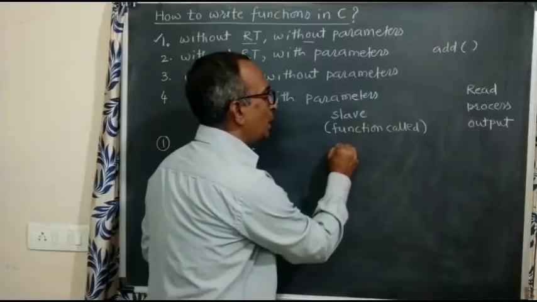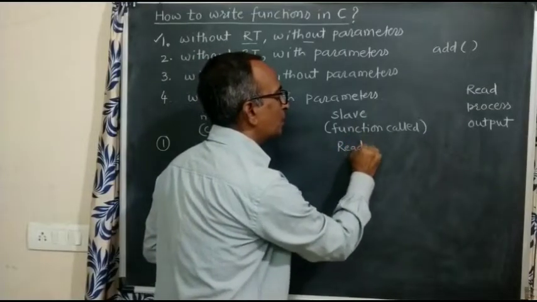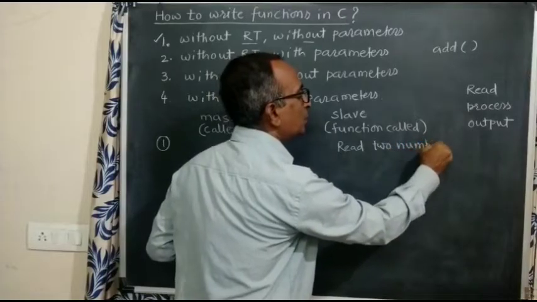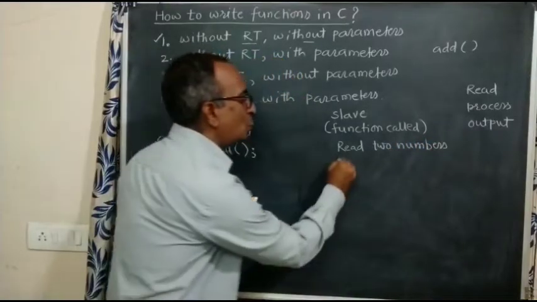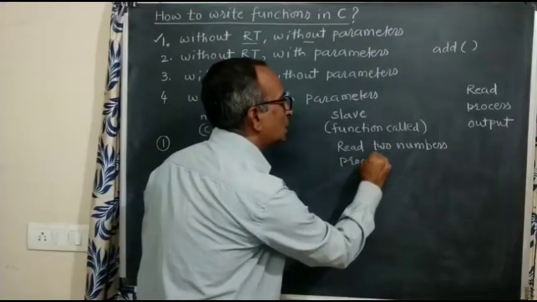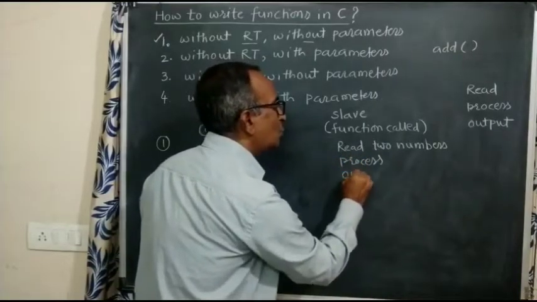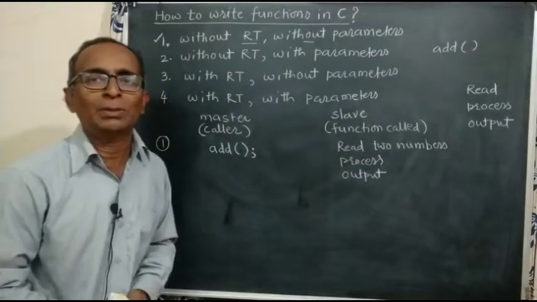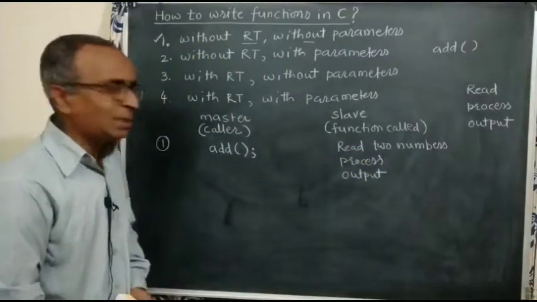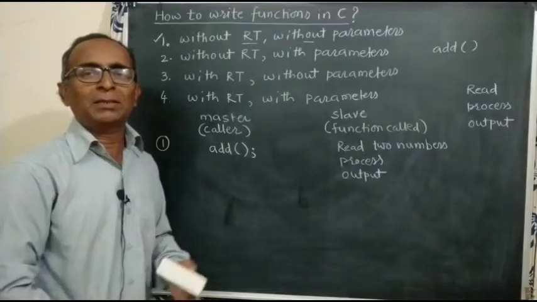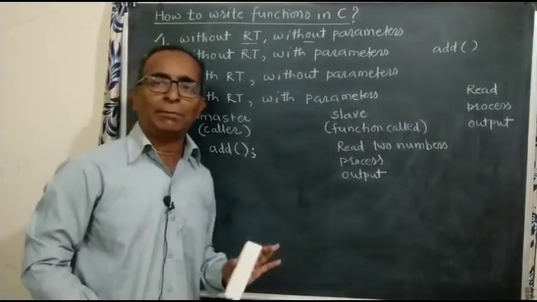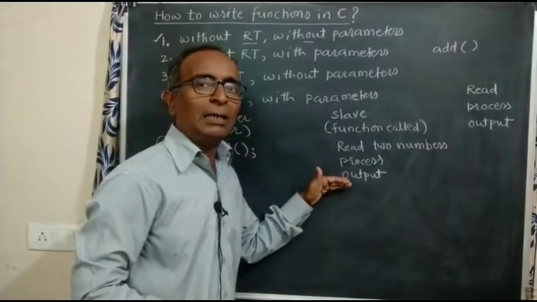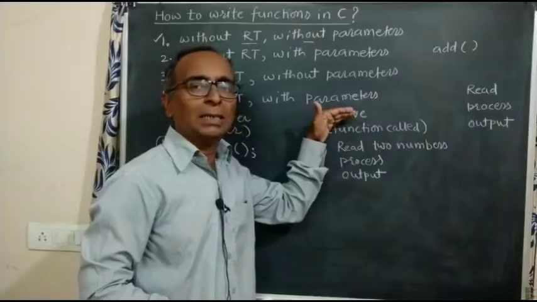The slave should read two numbers, process those two numbers, and give output of the addition of two numbers. So what the master is doing is just calling that function, and everything, reading, processing, giving output, will be done by the slave.